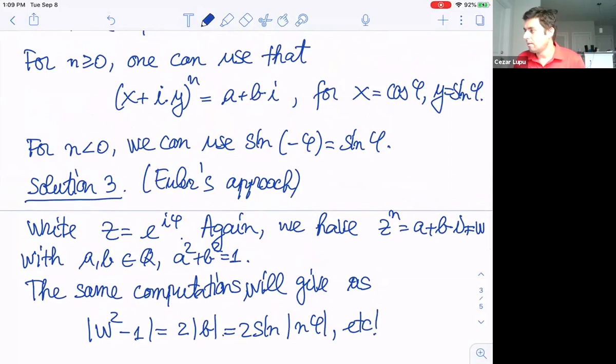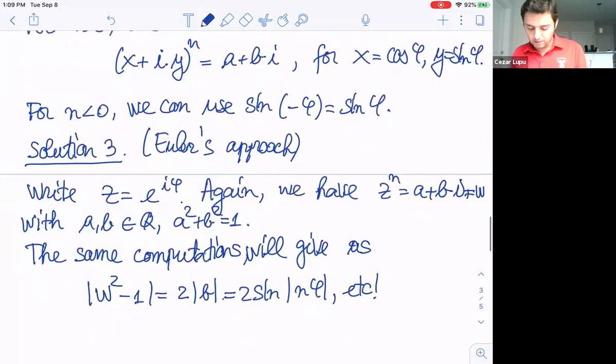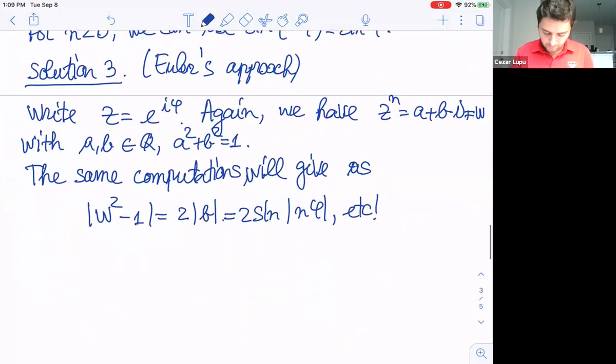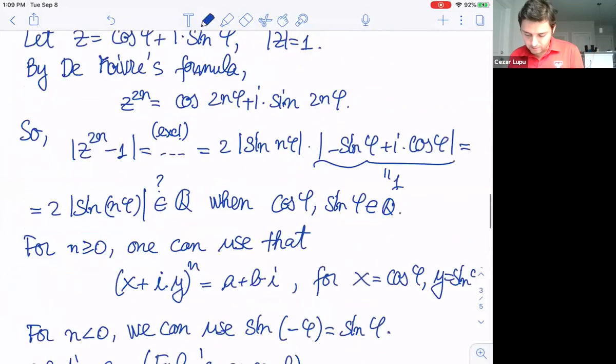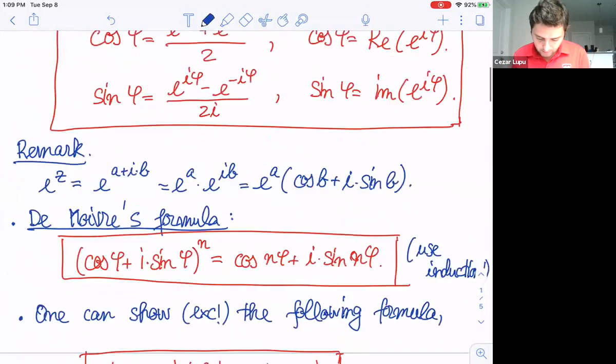Okay, I want to veer towards something else since I'm on a run now. I want to talk a bit about induction. So this is the second part of this induction, and this is the first part, complex numbers.